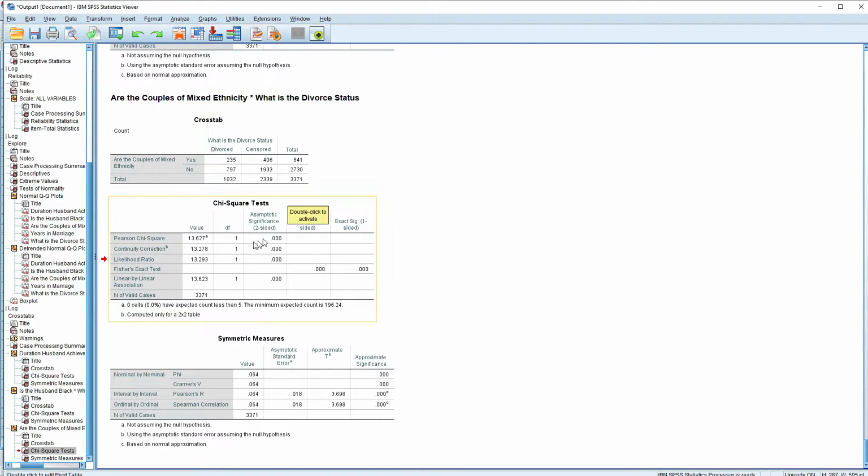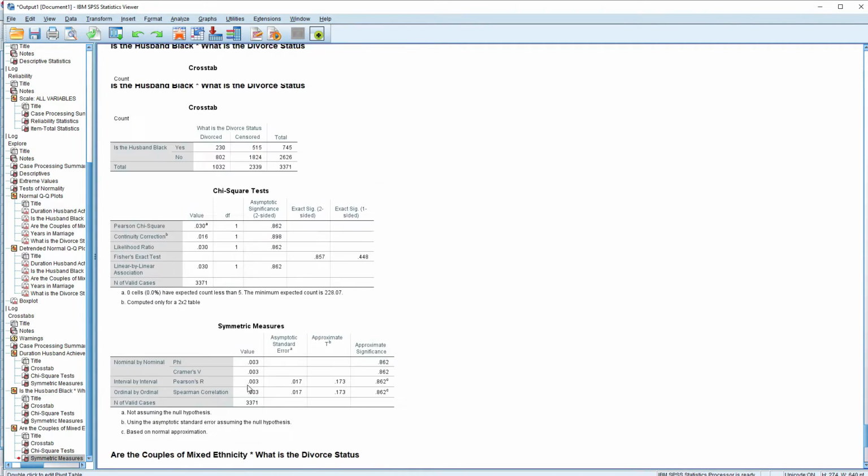There's a significant association between these two variables. Now, the next is to check the correlation. We find that these are also a very small correlation. The correlation is positive, but it is also very low.